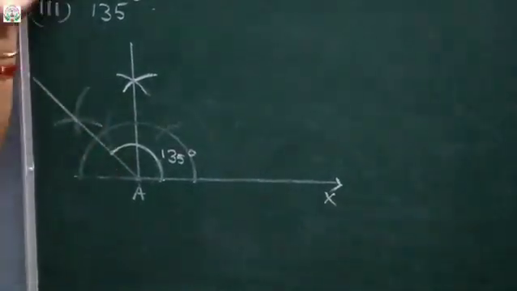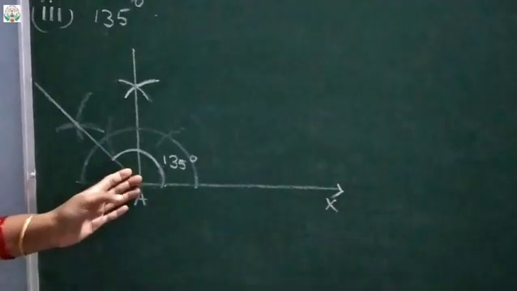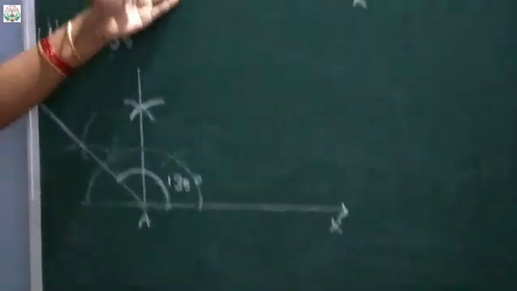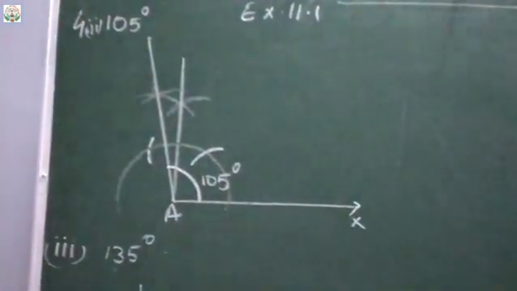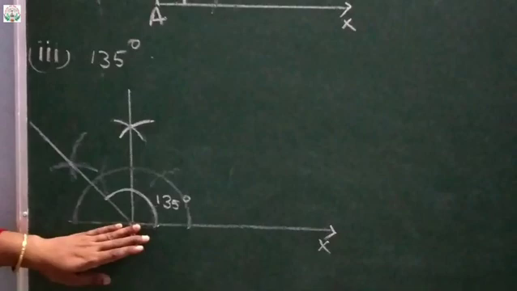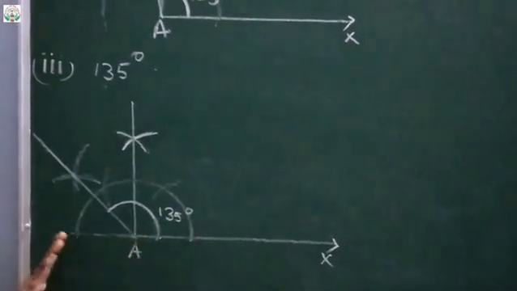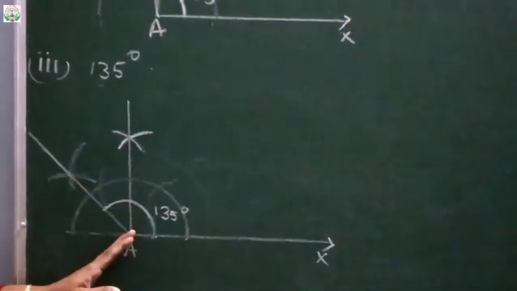Likewise, do the construction and show with the help of the protractor whether you are getting exactly 135 degrees and 105 degrees or not. If you are not getting the exact degree with the protractor, that means your construction is wrong. Then erase it and do the construction once again the way I have shown you.